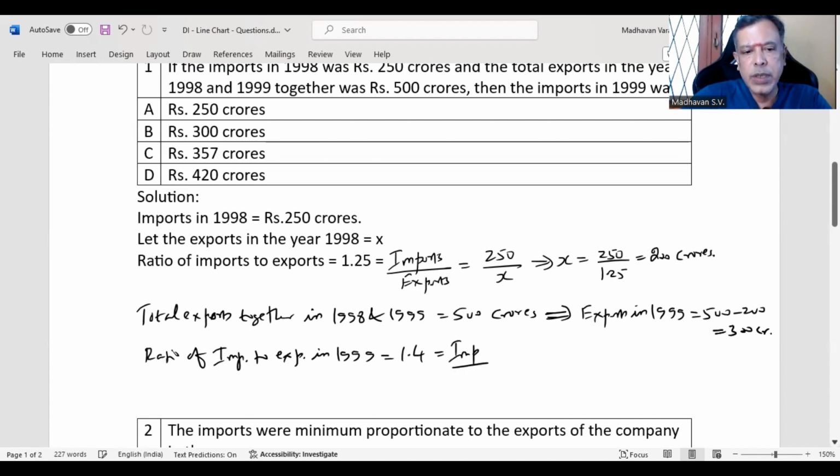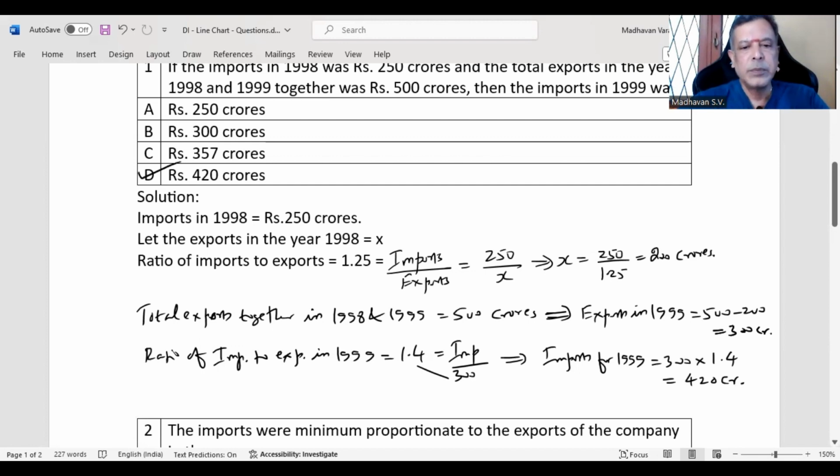But exports, we just got, is 300, which means by cross multiplication, imports for 1999 will be 300 multiplied by 1.4, which gives 420 crore, which means our option is D. Let us move on to the next question.